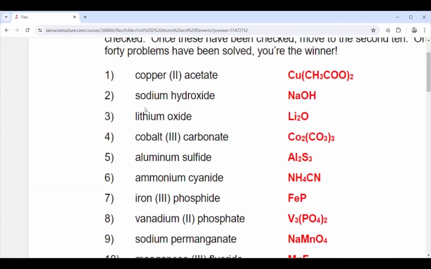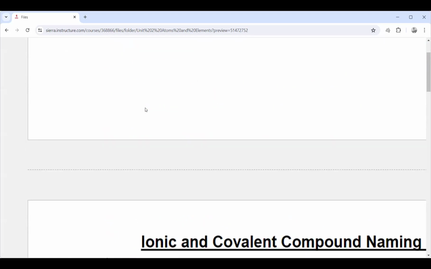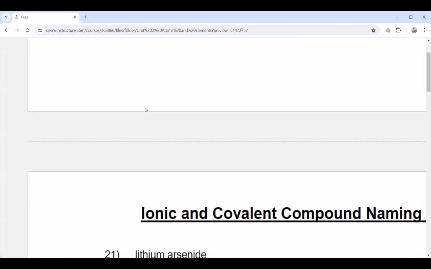And I give you the answers. Because only the metals have multiple charges, that means you automatically have to bracket it. So that means it's automatically a cation. It's not hard to practice.